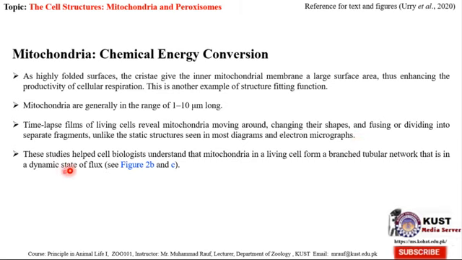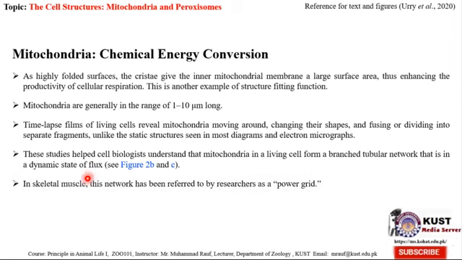These studies helped cell biologists understand that mitochondria in a living cell form a branched tubular network that is in a dynamic state of flux. So, flux, as explained, means something which continuously changes its shape. So, mitochondria is also a structure which continuously changes its shape.